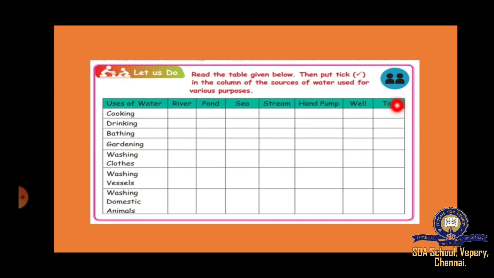For cooking, where do you get water: from a river, pond, sea, stream, hand pump, well or tap? In the same way for drinking, bathing, gardening, everything, you have to tick. Just tick, take a photo and send it to me through WhatsApp. Fill it up for everything.